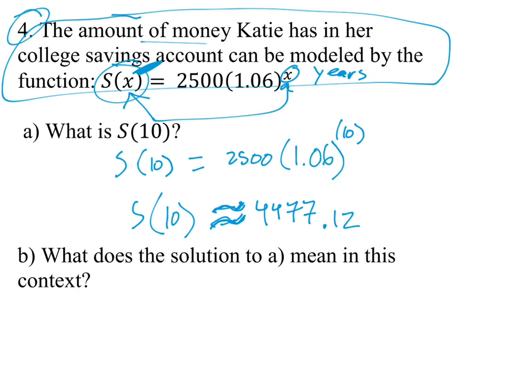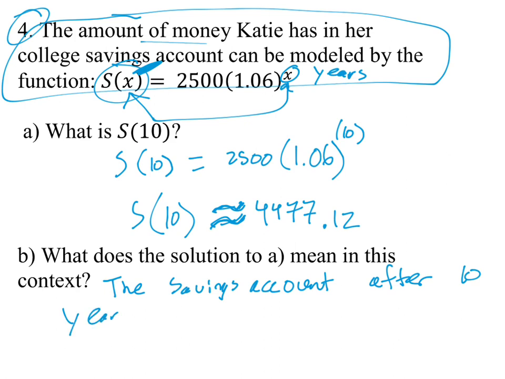The savings account after 10 years has $4,477.12. Ta-da! There we go. We described it.